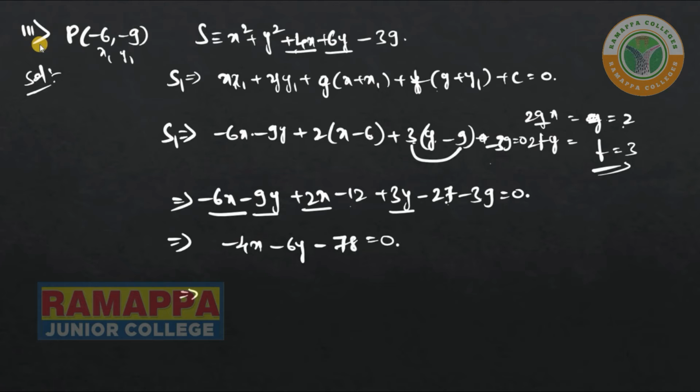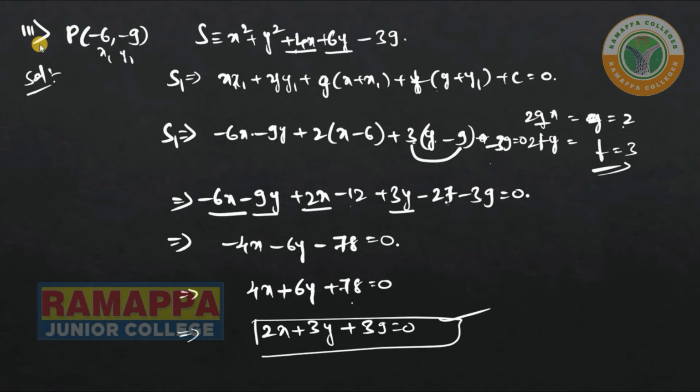If we multiply with minus, the equation goes like this: 4x plus 6y plus 78 is equal to 0. We can take 2 common from this, then it will become 2x plus 3y plus 39 is equal to 0 here. So this is the answer of the given question.